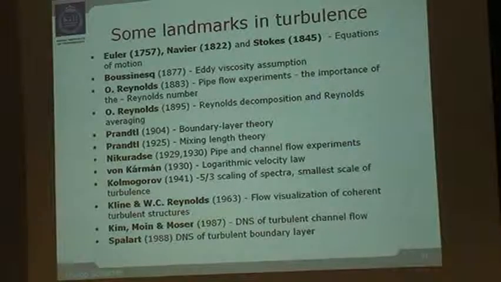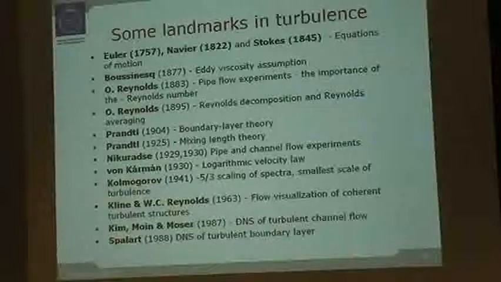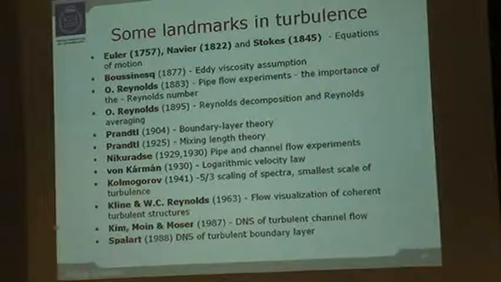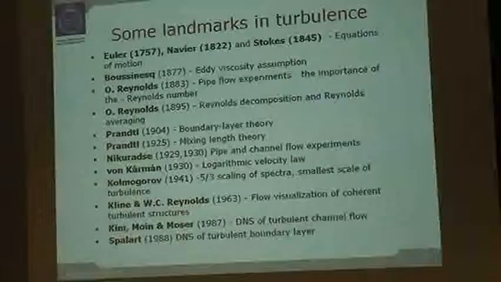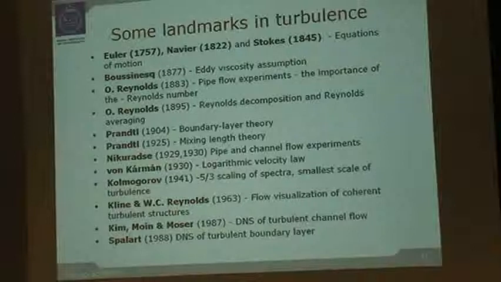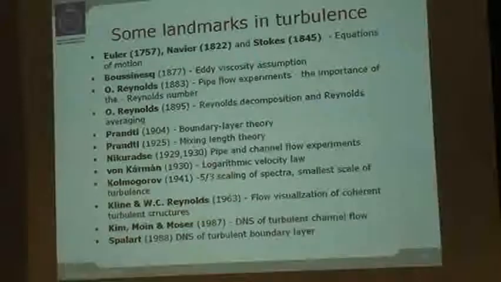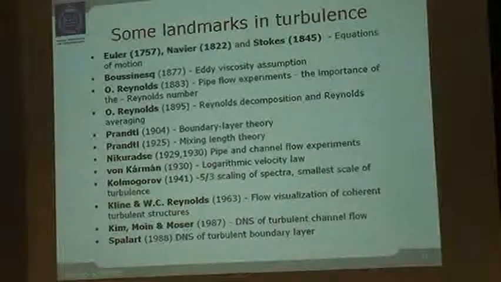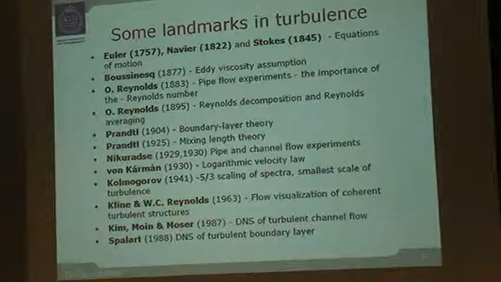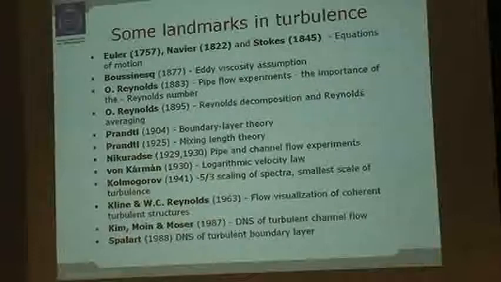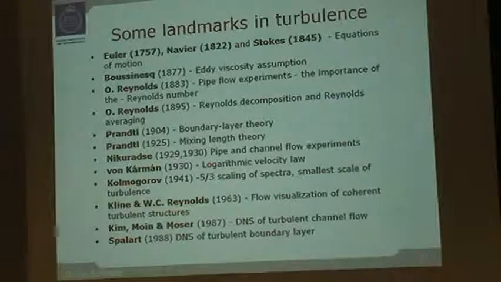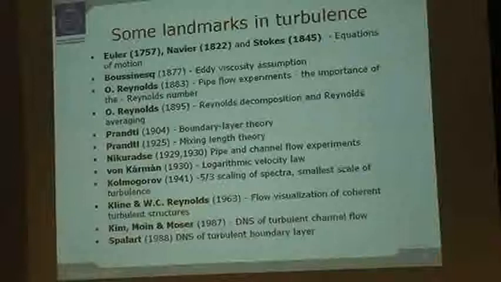87, so roughly more than 20 years ago, the first direct numerical simulation of a flow that was reasonably turbulent, by Kim and Moin. And then just 1 year later, the first DNS of a turbulent boundary layer, performed by Philippe Spalart.